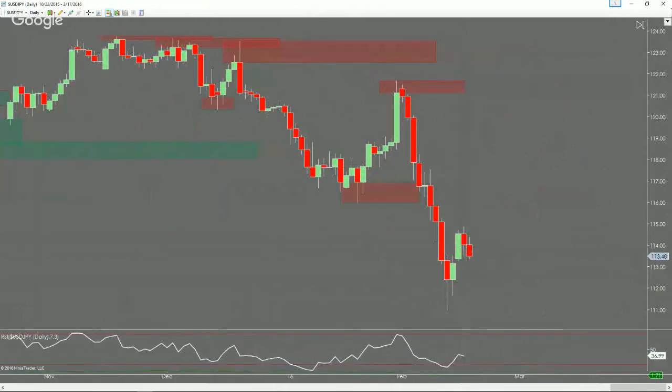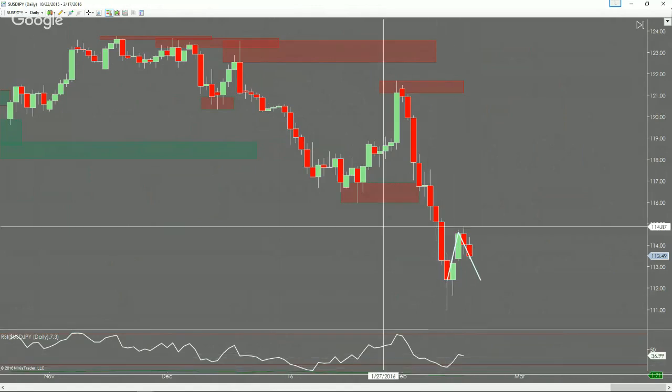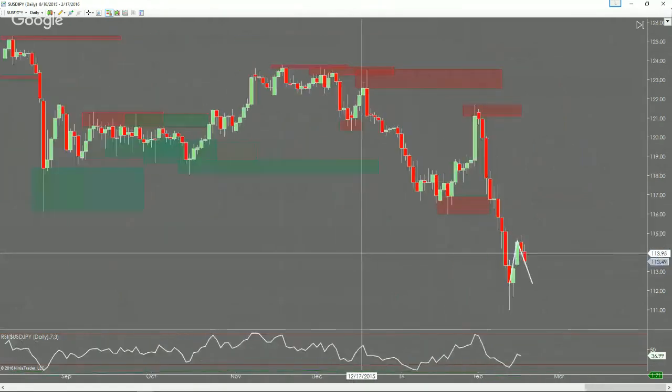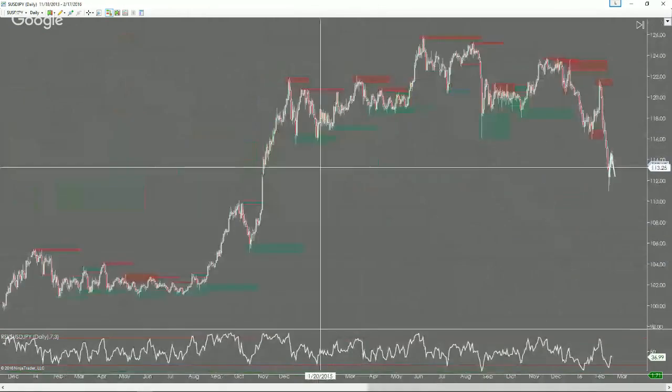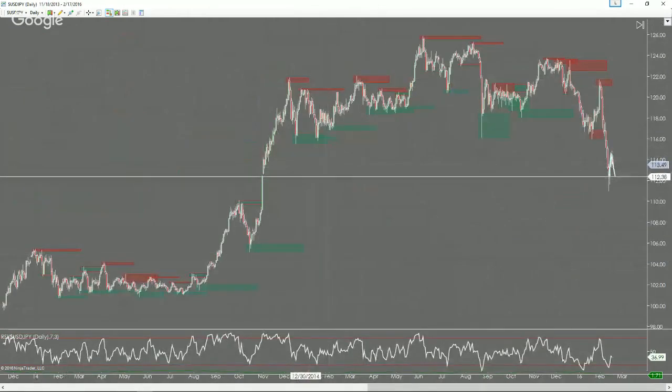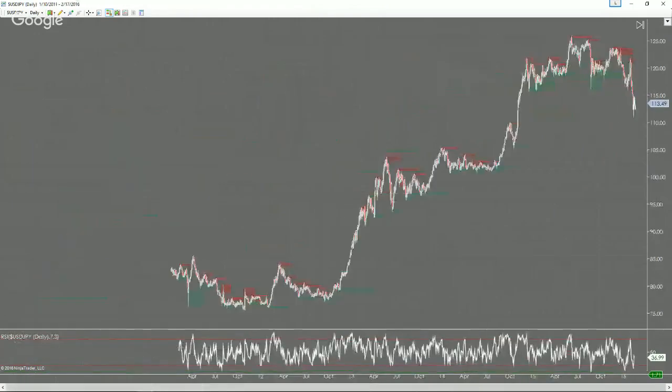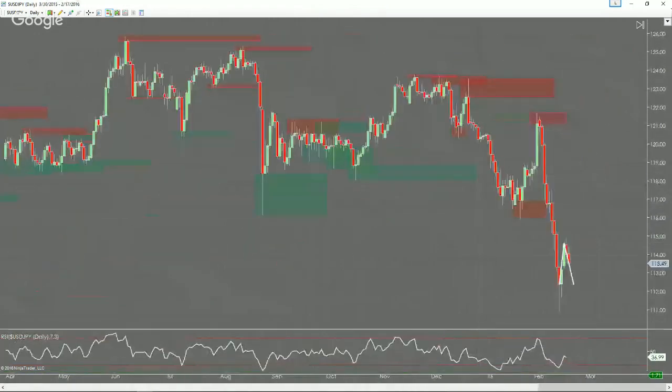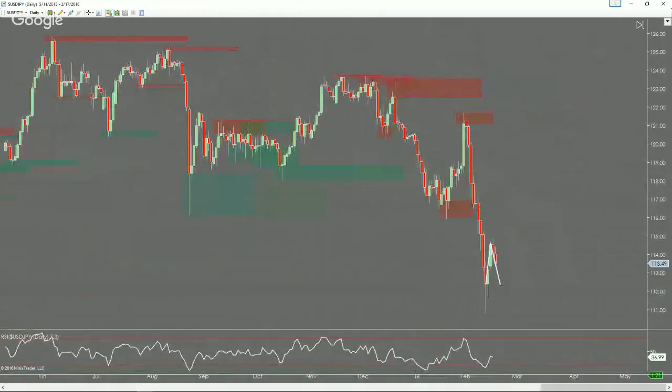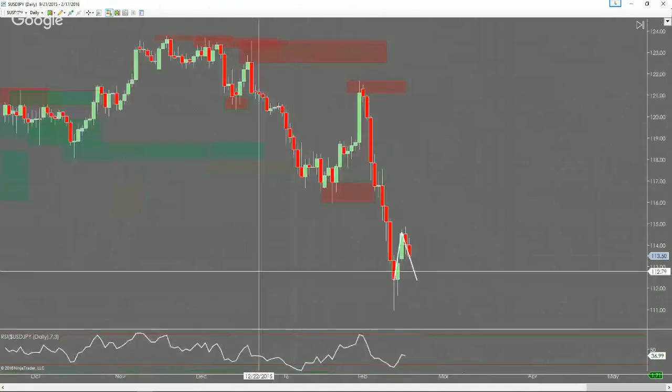Right now, it looks like we might put a double bottom right here. See this? And we could also possibly get a divergence on our RSI. Now, we don't really have any structure looking left at this level, but what we do have is an even handle number, and usually that acts as a structure also.